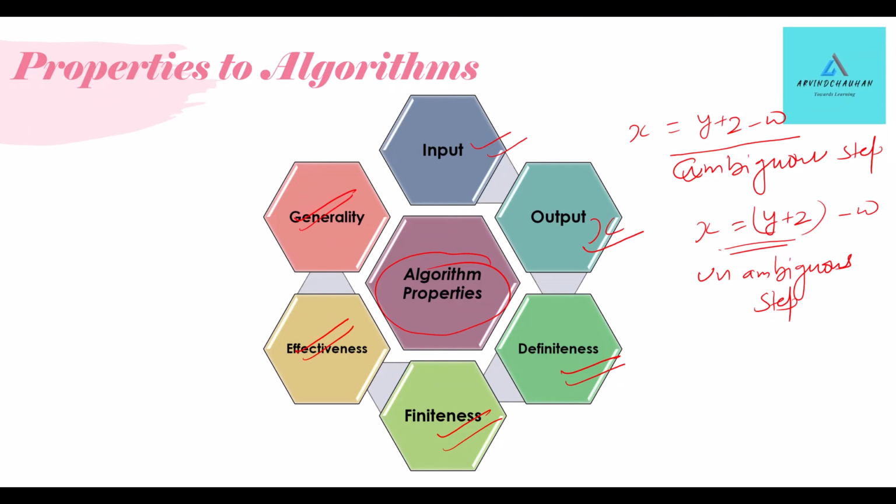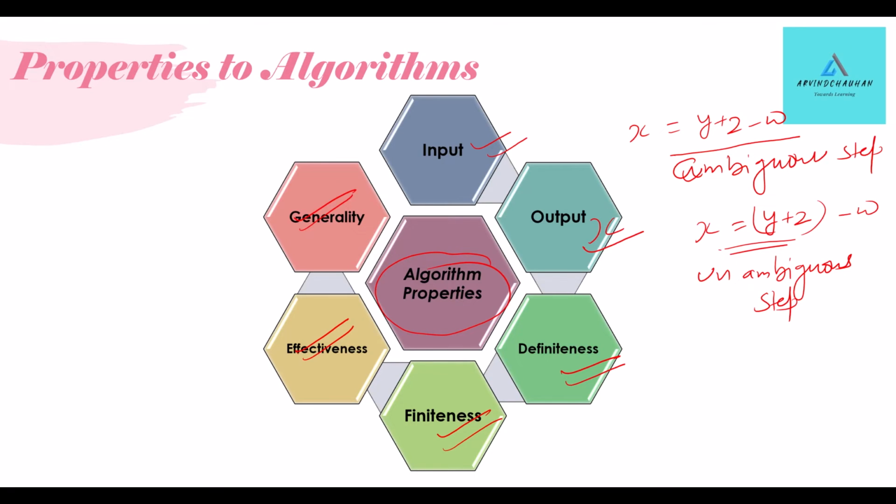You know binary search can be applicable only for sorted data, right? Or for sorted numbers. You cannot apply binary search on unsorted numbers or values, right? So in that case, that is a constraint for binary search. So that is not a generic kind of thing, right? So just consider binary search as an example.